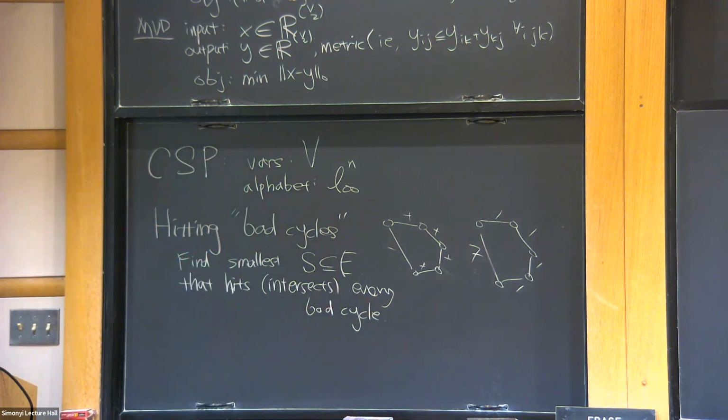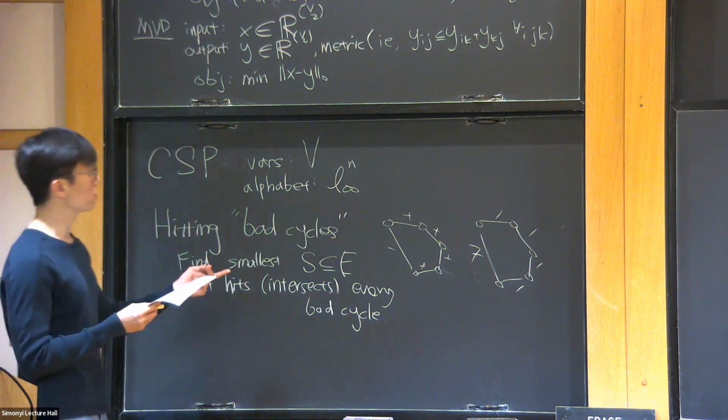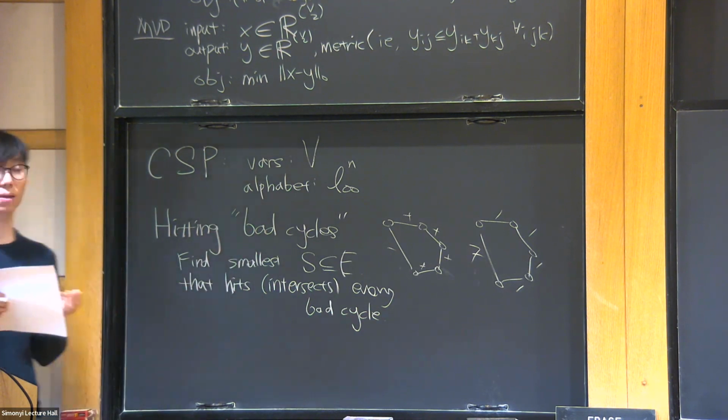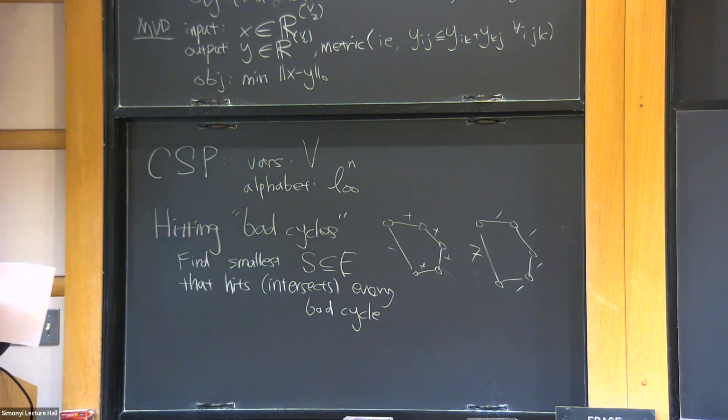That's our second interpretation of this problem. So now we choose a subset of edges that's going to hit every bad cycle in this way.